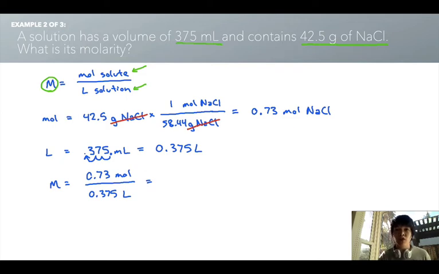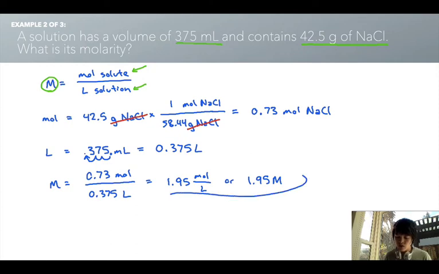What we should get is about 1.95 moles per liter. Okay, so that's the unit of concentration here. Alternatively, you can write the unit as capital M, which stands for molarity. So either of these units would work. Either of these answers would work.